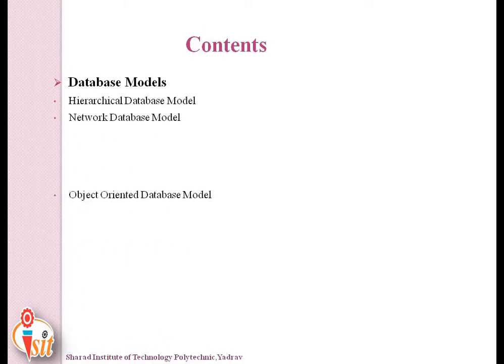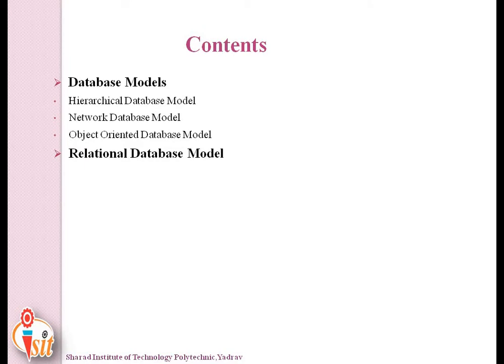Let's discuss what the contents of this unit are. First one is database models. In database models, we are going to see hierarchical database model, network database model, object-oriented database model. The second point is relational database model.